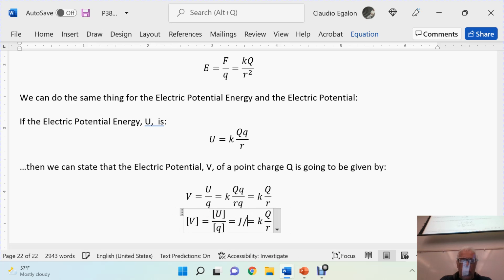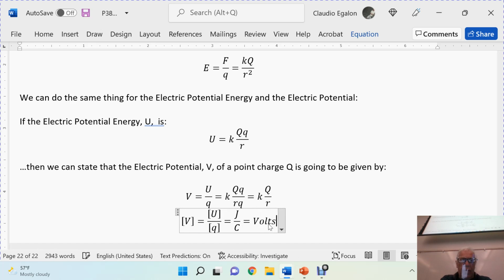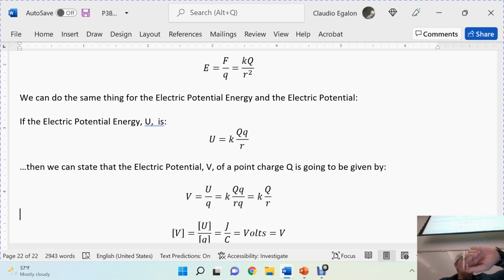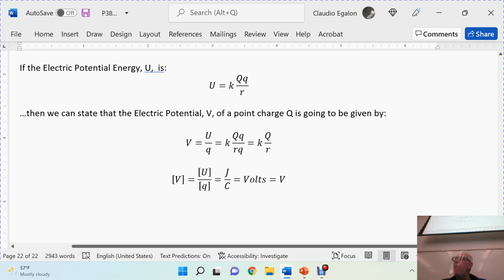Joules per coulomb. This shows up so frequently in physics that we give it a name. We call it volts, also represented by the letter V. So that's what we are measuring in the lab. We are measuring energy per unit of electric charge. And that's the unit that it is.